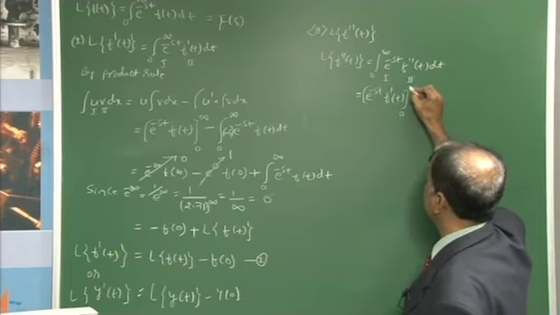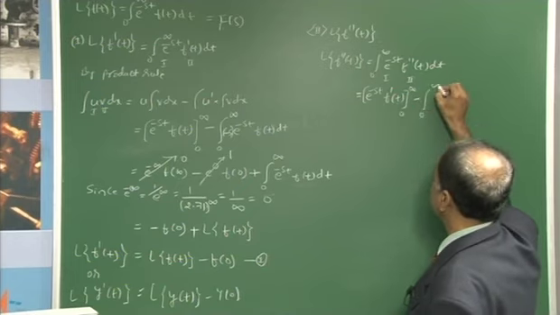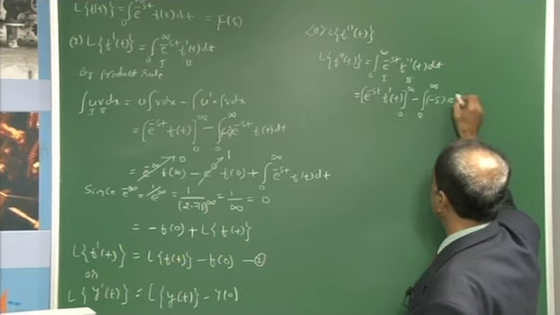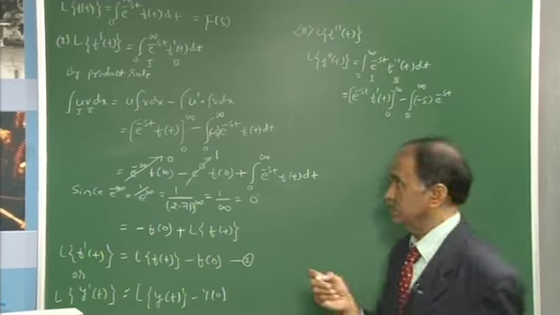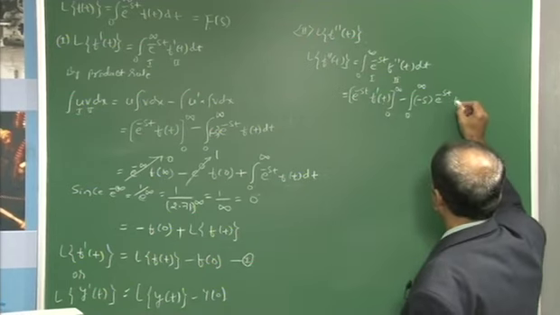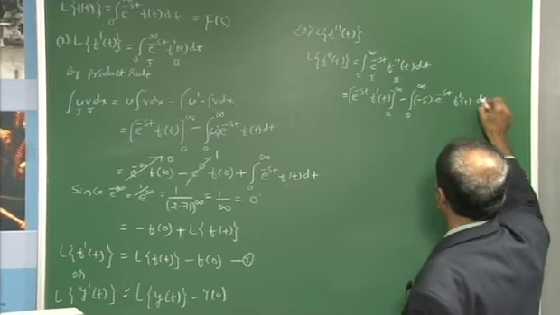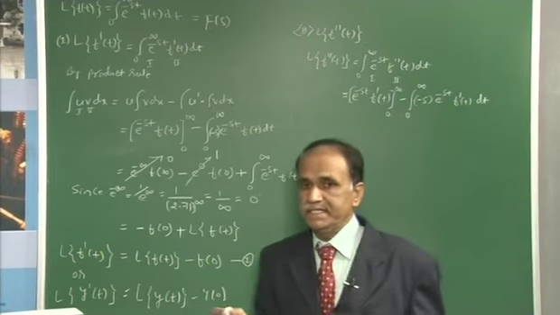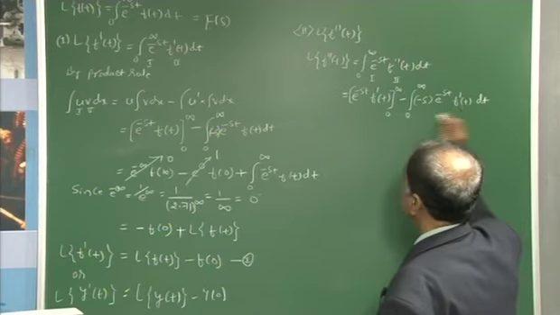minus integration of the differential of the first term, that is minus s e to the power minus st, and f double dash becomes f dash of t, dt.